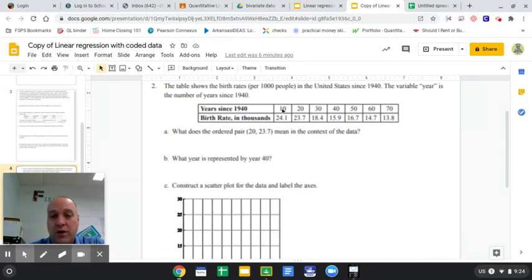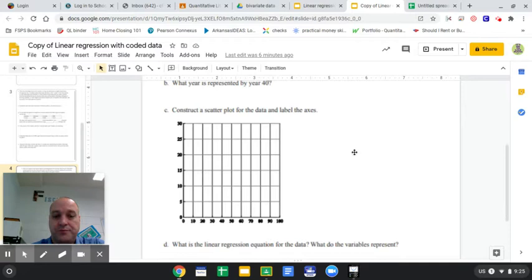So we're talking about in 1960, the birth rate was 23.7 births for every 1,000 people. So per 1,000 people, there was 23.7 births. What year is represented by the year 40? Well, it's 40 years from 1940. So 40 plus 1940 is 1980.